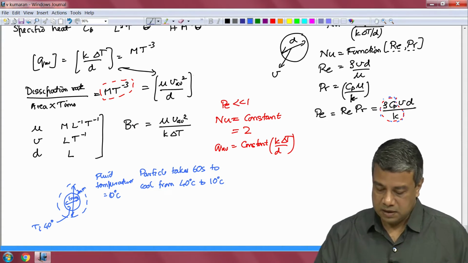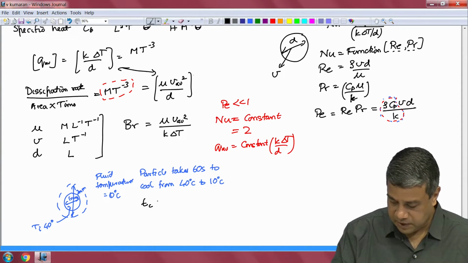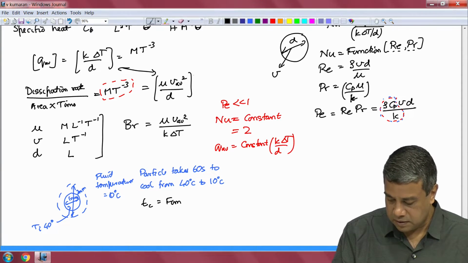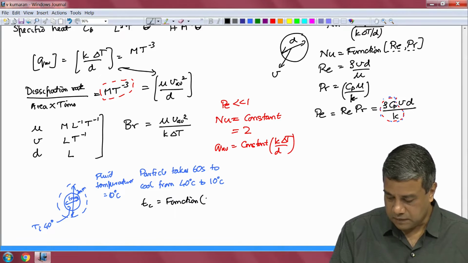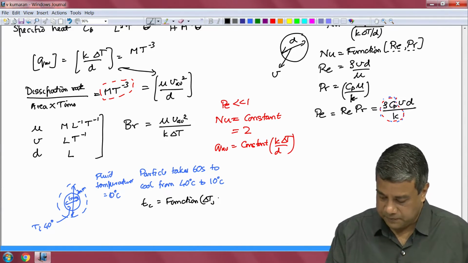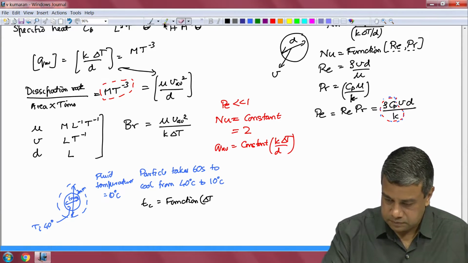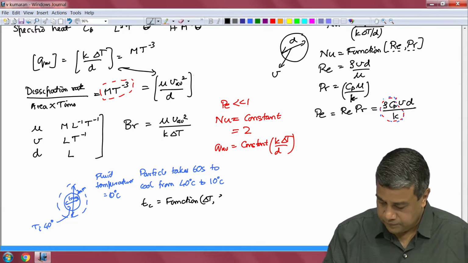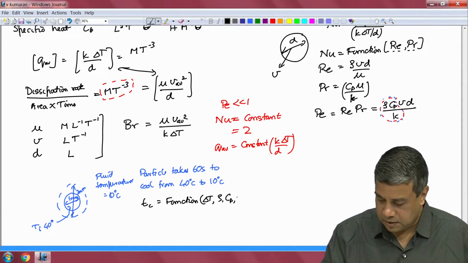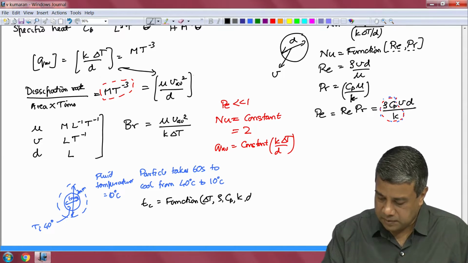The time for cooling can only be a function of delta T and the thermal properties, rho Cp and the thermal conductivity, and of course the diameter.